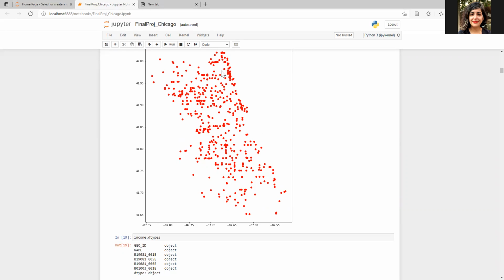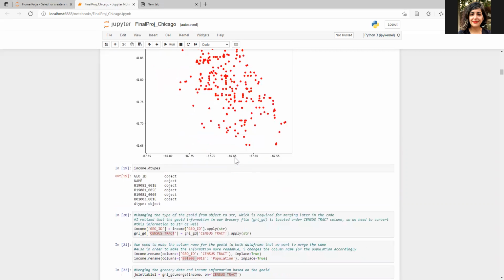As is obvious in this map, they seem evenly distributed. So maybe a little bit more density here, but before knowing what's going on in terms of income and population, this representation of data is not saying anything to us.